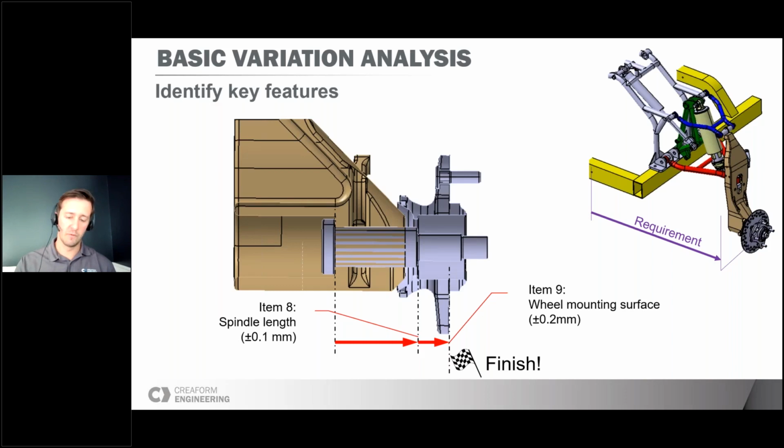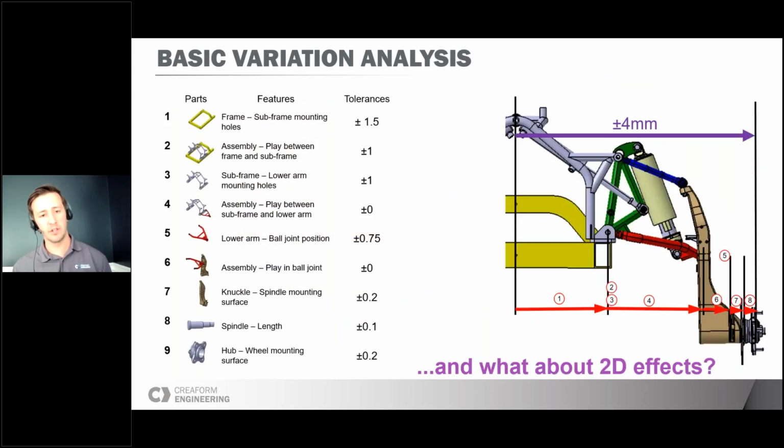So just to finish the stack-up and arrive at the final phase, we have a last dimension, which is the wheel hub, which is, once again, a machined part. So you have the tolerance of plus minus 0.2 millimeters. So once you've reached your final point, you can just recap all those links that make your stack-up, and you bring them into a little table.